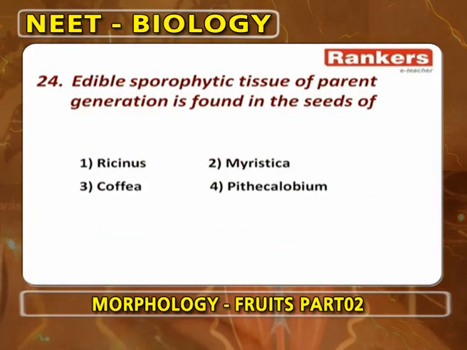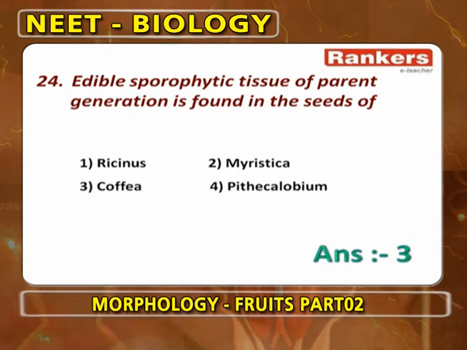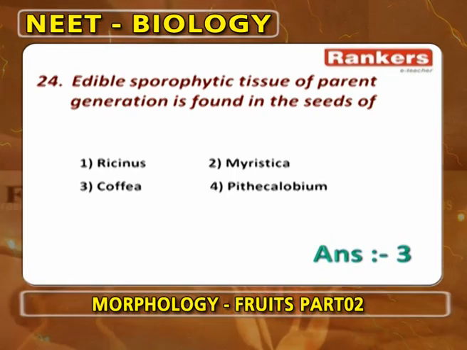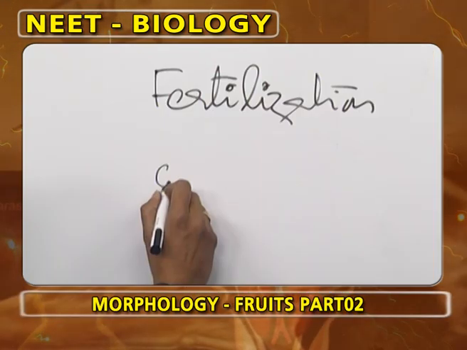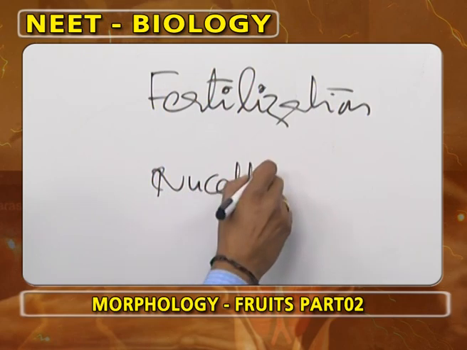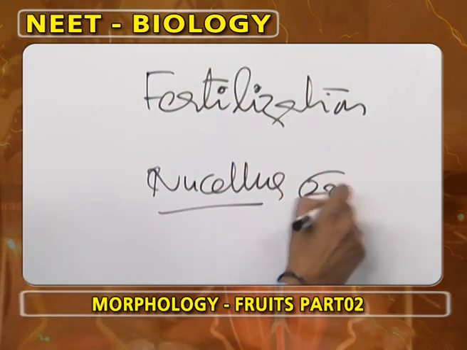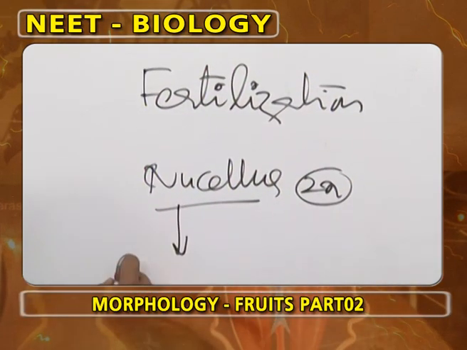Next, edible sporophytic tissue of parental generation. Keep it. Edible sporophytic tissue of parental generation is found in the seeds of. Edible sporophytic tissue means nucellus. Nucellus is the parental diploid tissue.